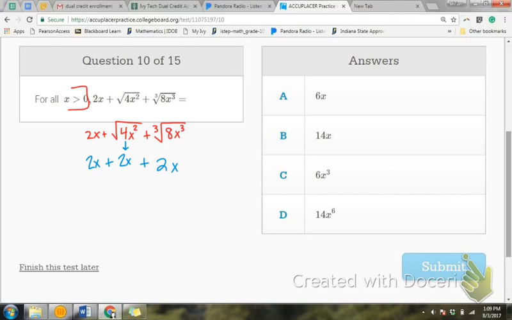Is it 6x or is it 6x cubed? 6x, because it's not multiplication, it's addition. When you are combining like terms, adding and subtracting, you do not change your exponents. When you're multiplying or dividing, that's when you change your exponents. So this is just 6x, period.